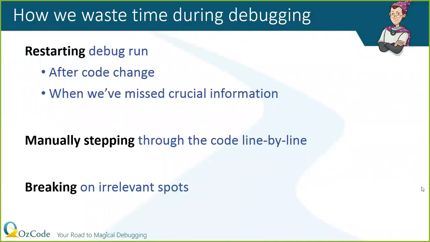I have to restart the whole thing just to get to the point where I was. That manual stepping through your code line by line, trying to find the needle in a haystack of where the bug is hiding, gets very tricky, very time consuming, and also very frustrating. And that's what we're here to try and solve.